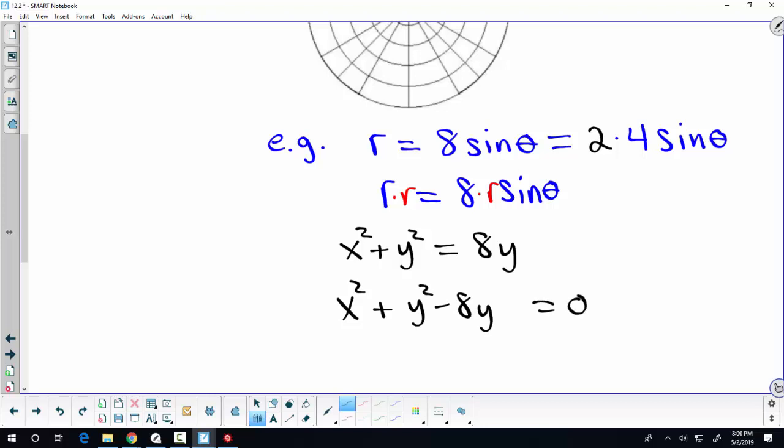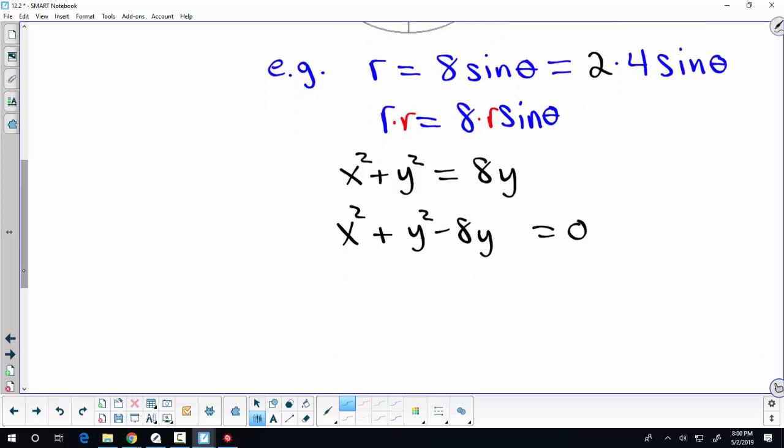And then we complete the square with y to get that into the form of a circle. We subtract 8y, but it's 8r sine theta, so that's 8 times y. R sine theta is y. So we have plus y squared minus 8y. Half of 8 is 4, negative 4 squared is 16, which completes the square.